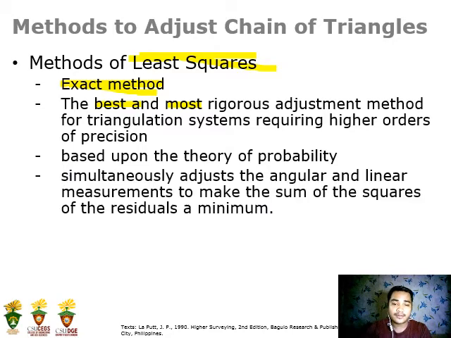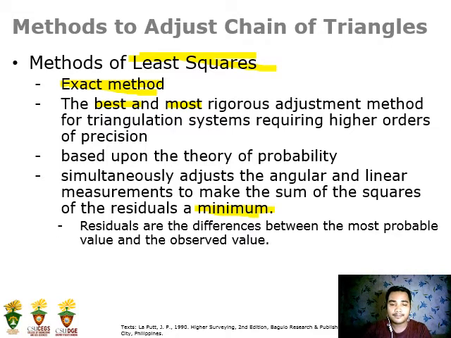It simultaneously adjusts the angular and linear measurements to make the sum of all the squares of the residuals a minimum. Residuals are the differences between the most probable value and the observed value.